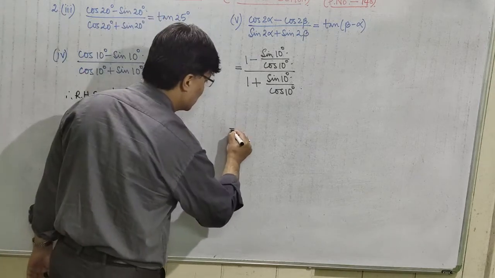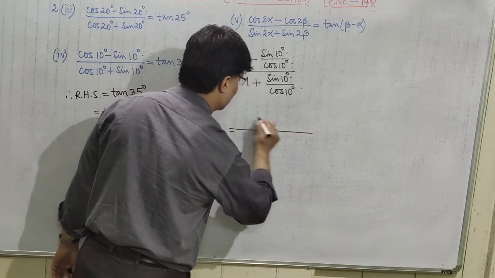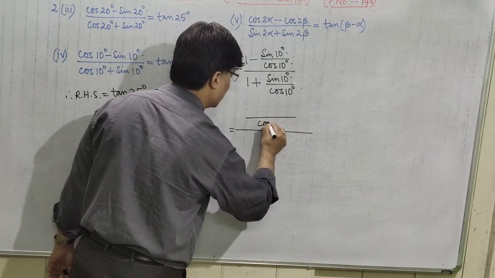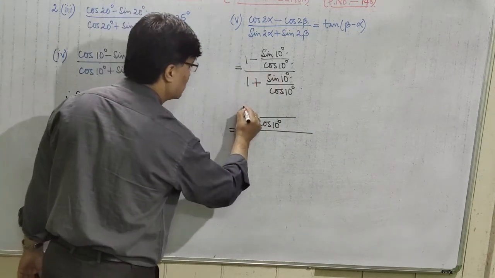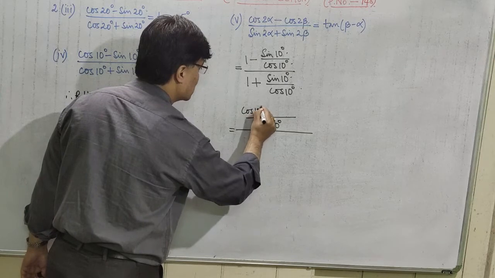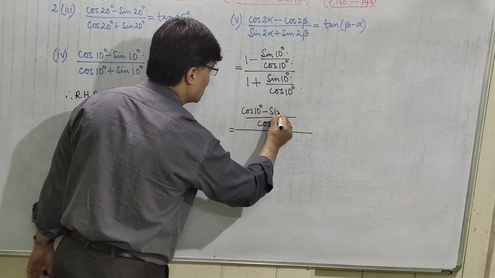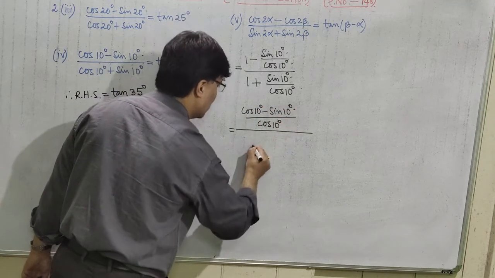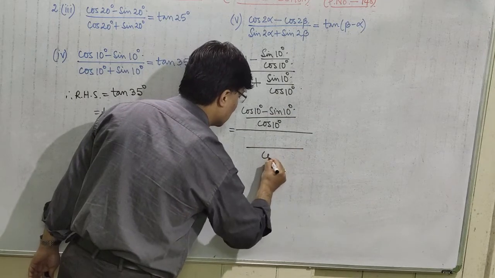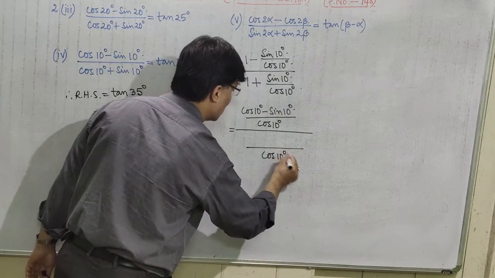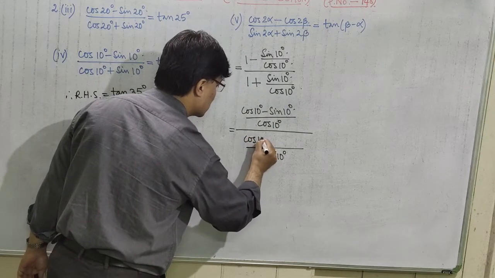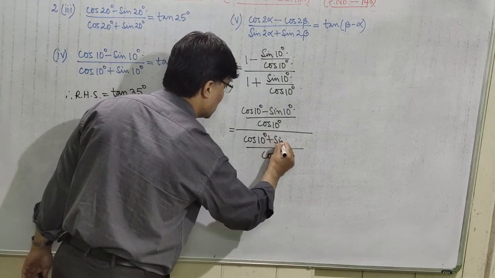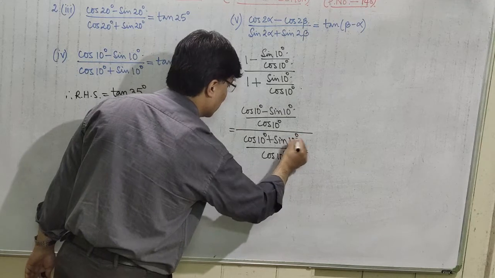Now let us simplify it. In the numerator as well as in the denominator, you can take the LCM. What's the LCM here? It is cos 10 degree. Cos 10 degree into 1, cos 10 degree minus sine 10 degree. In the denominator also, what's the LCM? Cos 10 degree. Cos 10 degree into 1 is cos 10 degree plus sine 10 degree.